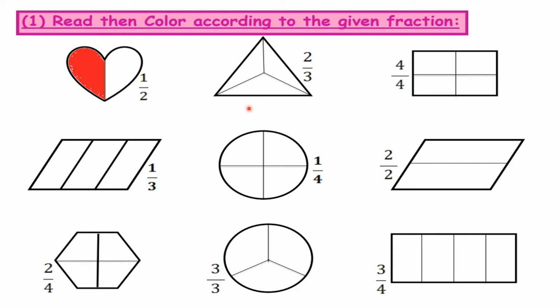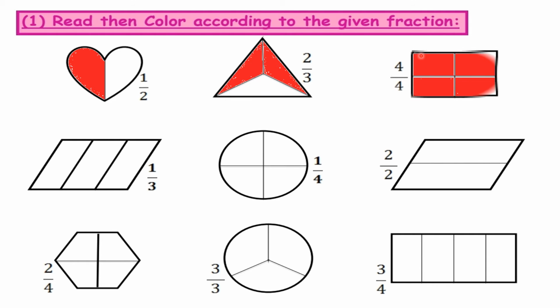So I will color 2 parts out of the 3. Here I have 4 out of 4, meaning I want to color 4 parts out of the 4. So here I'm going to color all the rectangle.